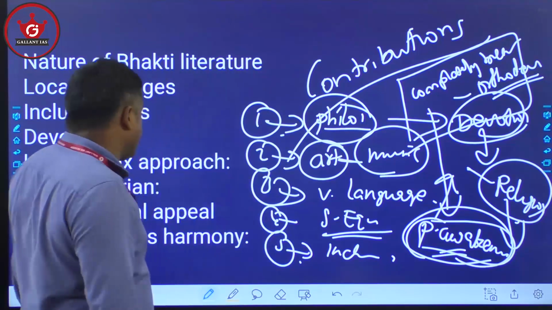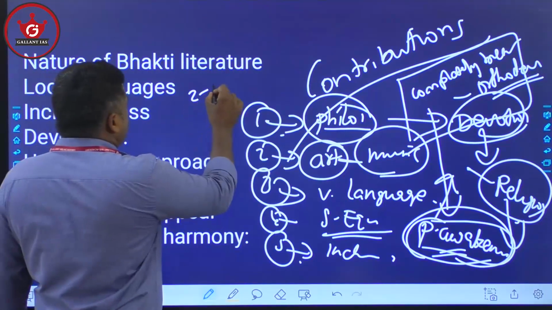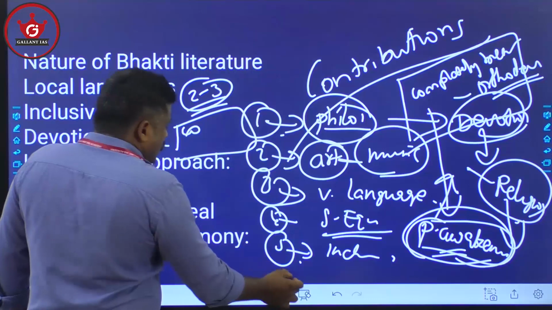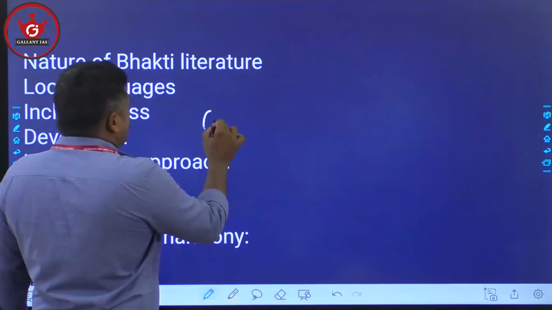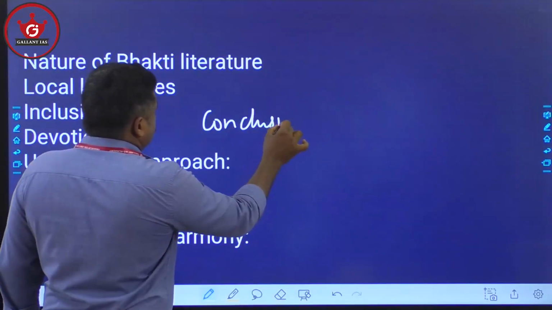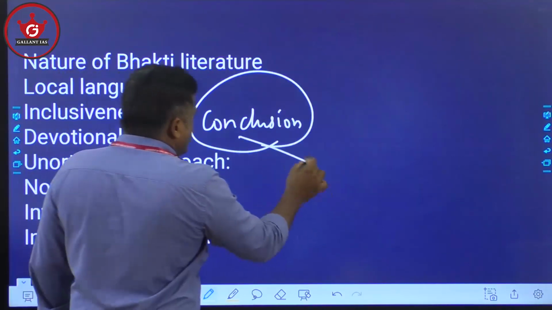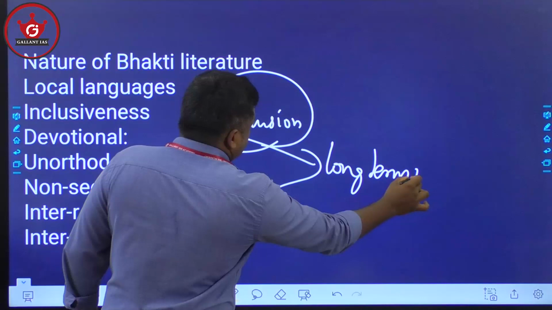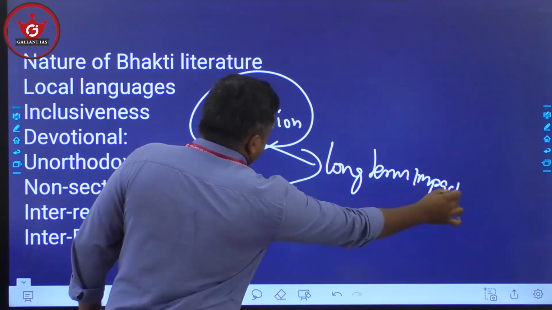The conclusion, after discussing that, can be done in 2 to 3 lines. In the conclusion you say it has a long-term impact.